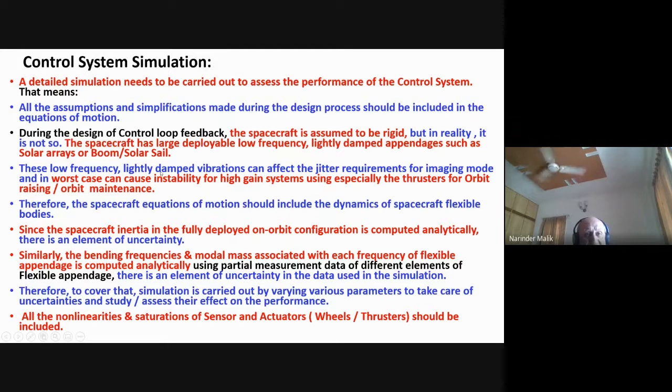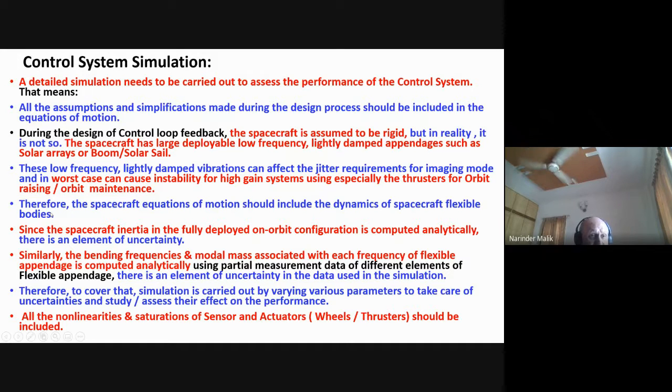These can affect the jitter requirements for imaging mode, and in the worst case cause instability for a high gain system, especially using thrusters for on-board station keeping mode. Therefore, the spacecraft equation of motion should include the dynamics of the flexible bodies also.